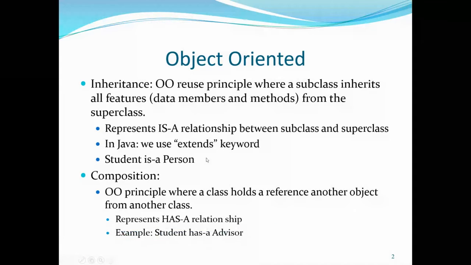So if you look at this example, student and person, we normally assume that the person class is already defined and written. Sometimes we don't have access to it. However, we would like to define the class student. By the same token, the advisor is already there and we would like to use it as a part of the student class.